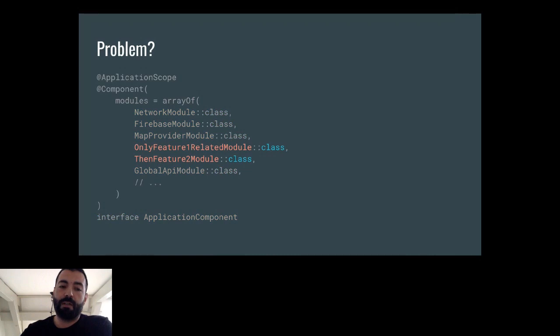Some of the modules are shared, as I mentioned, like network module, Firebase, map provider module. These are samples. And then you have some modules that are only related to feature 1, feature 2, and so on, right? And you have to put them here if you want them to have application lifecycle, or if you want some dependencies to be used during application onCreate or registration or initialization, and so on.